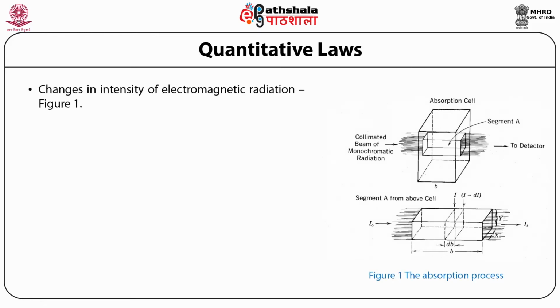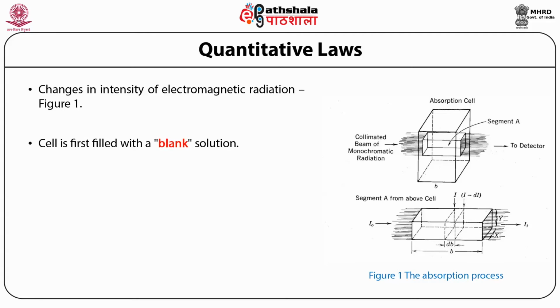Consider the changes in intensity of electromagnetic radiation which occur when monochromatic radiation passes through the absorption cell, as shown in figure 1. The cell is first filled with a blank solution, which consists of the solvent plus sample constituents other than the principal absorbing species.